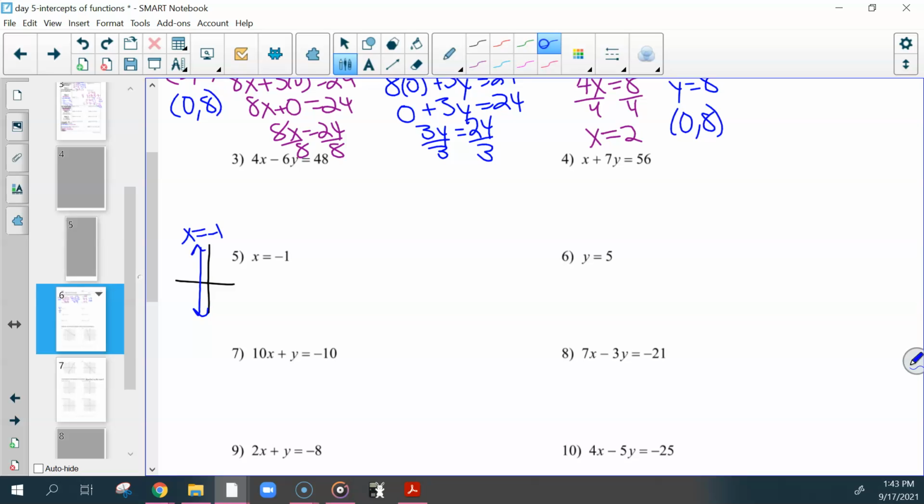So our x-intercept would be at -1, but we would not have a y-intercept at all. None at all, because if I put 0, 0, that means it goes through that point, and it doesn't.